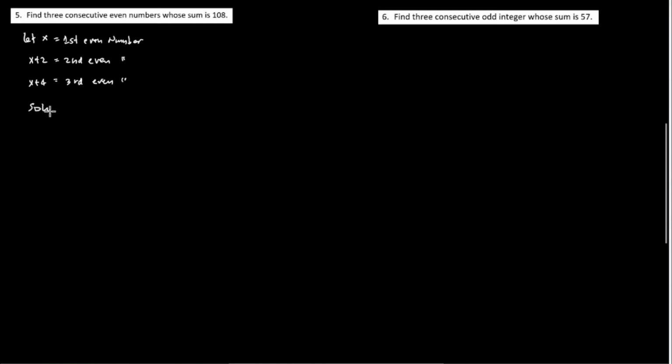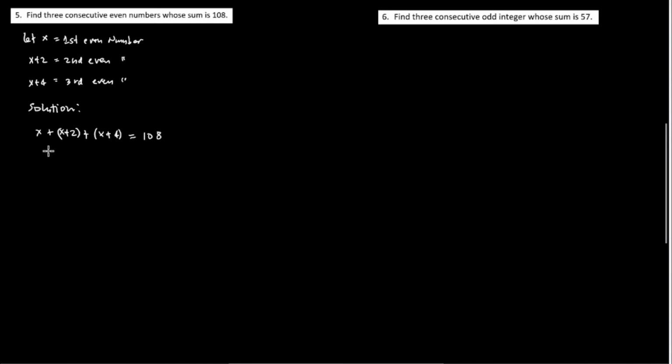And solution. The sum of the 3 numbers is 108: the first number, x, plus the second number, x plus 2, plus the third number, x plus 4, and the total is 108.